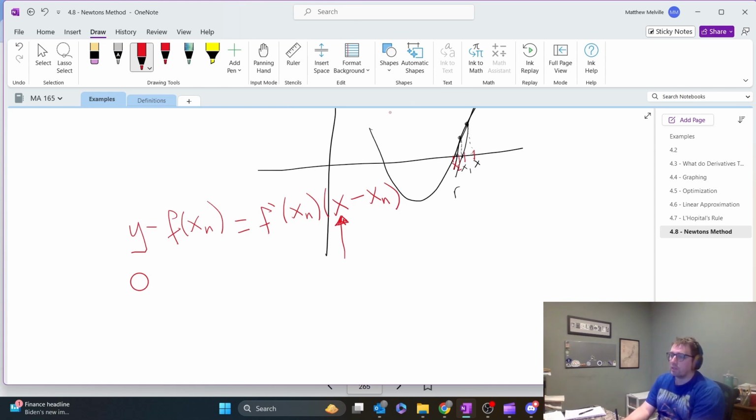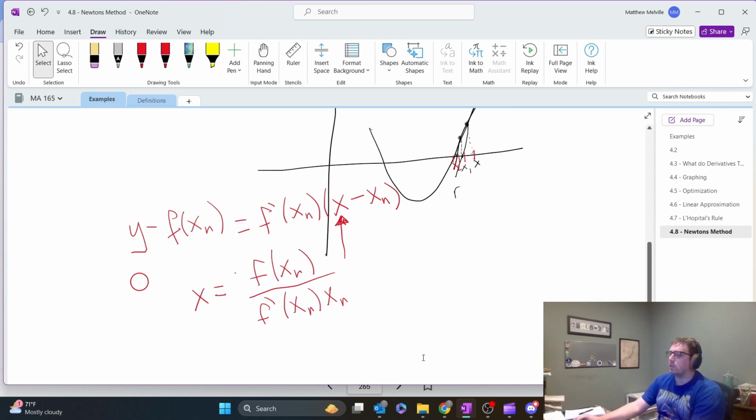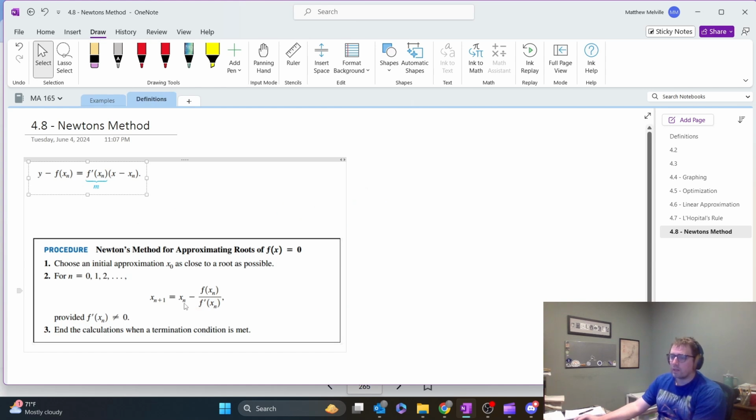So if I solve for this, I'm going to get x equals f of x sub n divided by f prime of x sub n times x sub n. Now, when I say this right here, this x sub n, I'm going to factor it out and we're going to be okay.